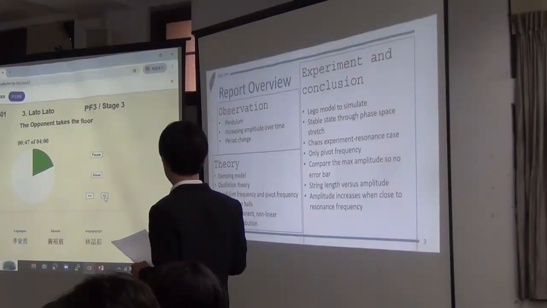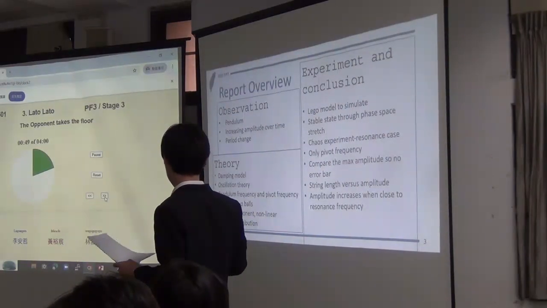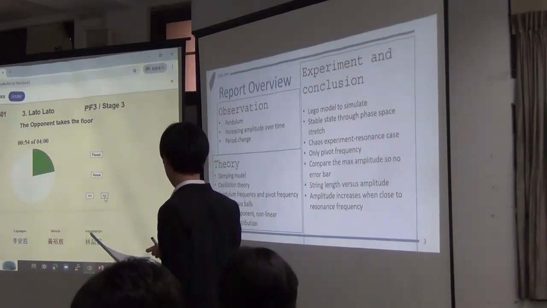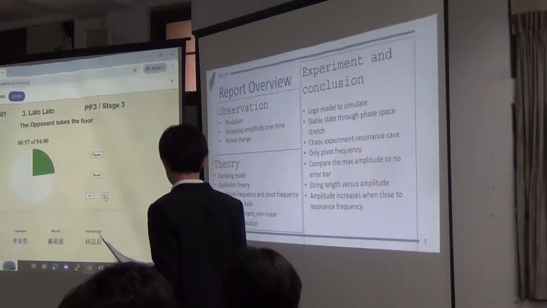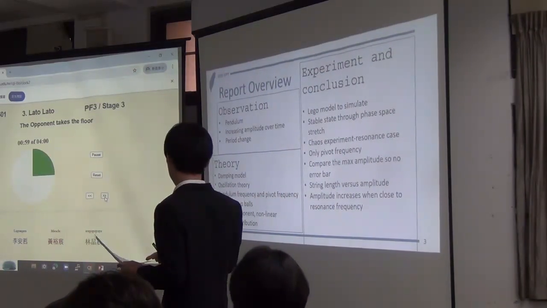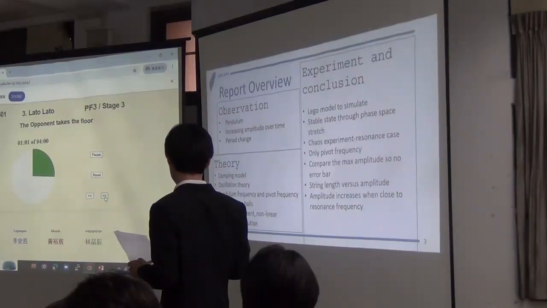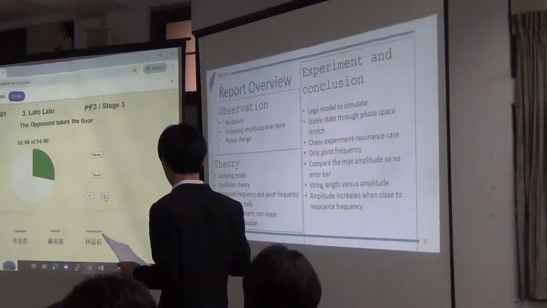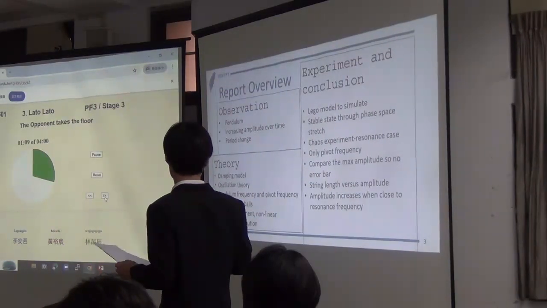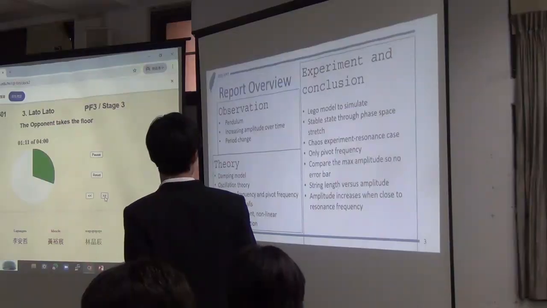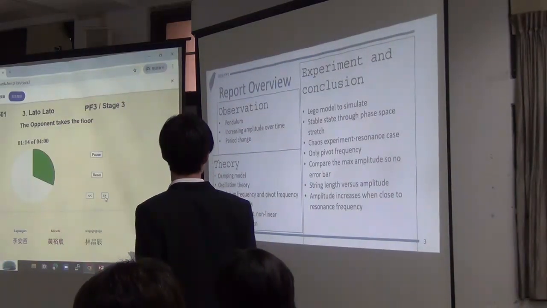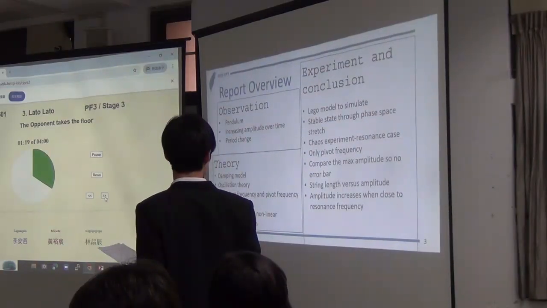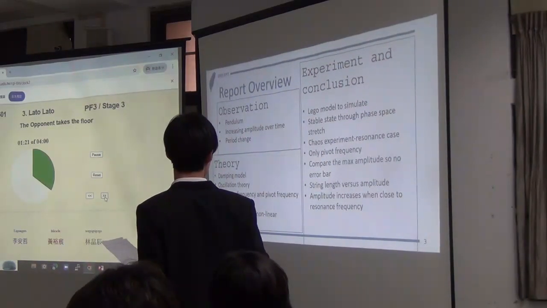And in the theory, they use a damping model and oscillation theory, and they also have the pendulum frequency and the pivot frequency, and the collision of two balls, and they use a non-linear exponent and Gaussian distribution. In the experiment and conclusion, they use a Lego model to simulate, and it reaches a stable state through the phase space graph.